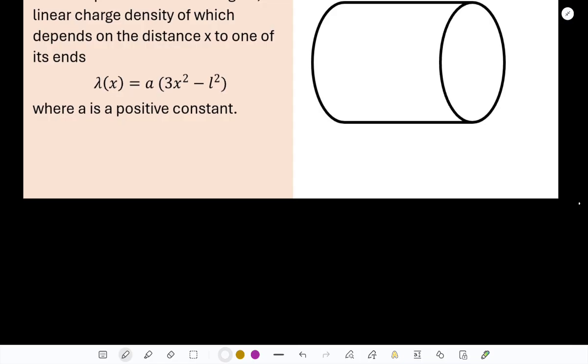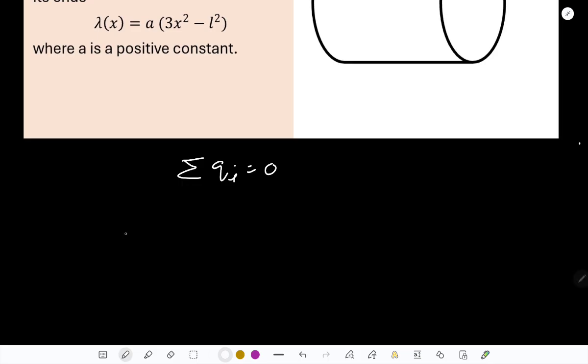The electric dipole moment of a neutral discrete system of charges, that means in which the total charge is equal to 0, is theoretically given by dipole moment P equal to the summation of Qi Ri vectors, where Ri is the radius vector or the position vector of the charge Qi relative to an arbitrary reference frame, and the summation is carried out over all point charges Qi included in the system.